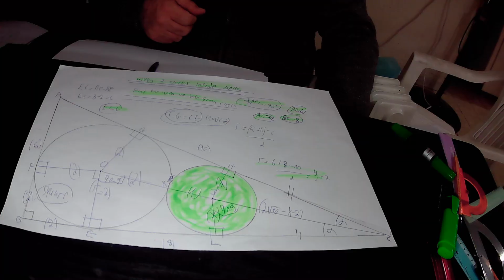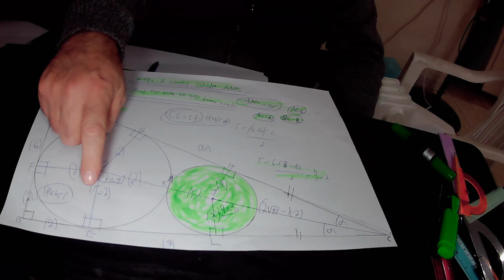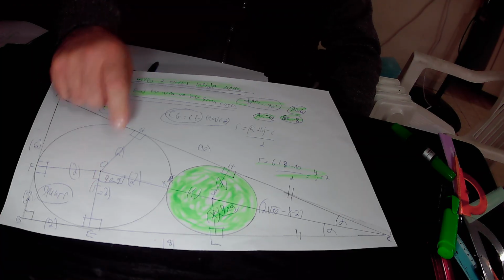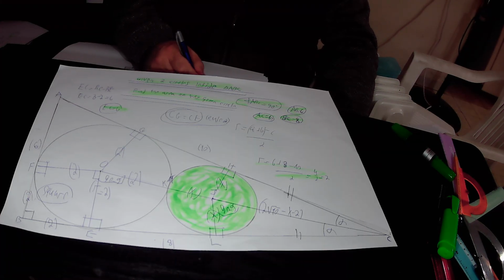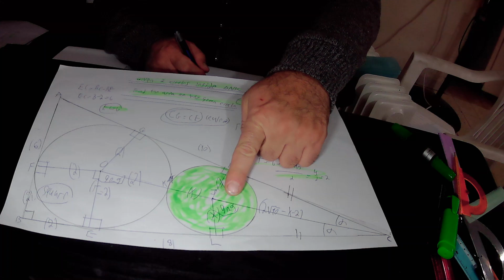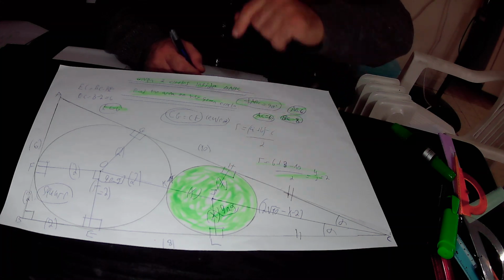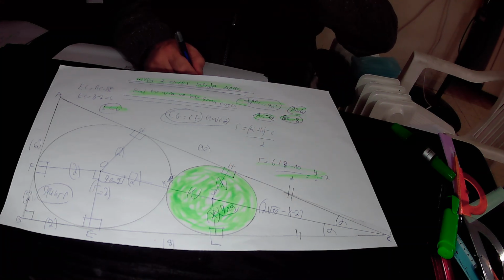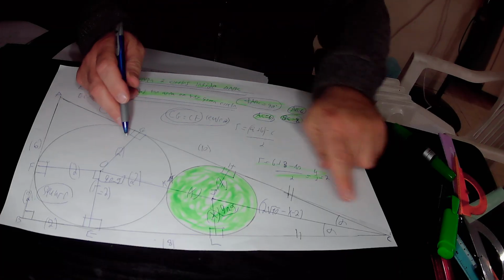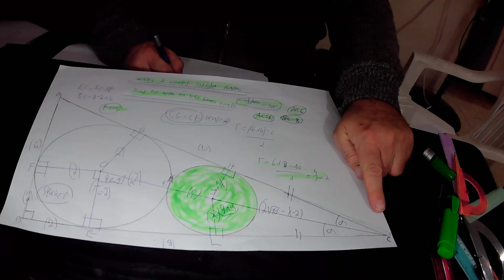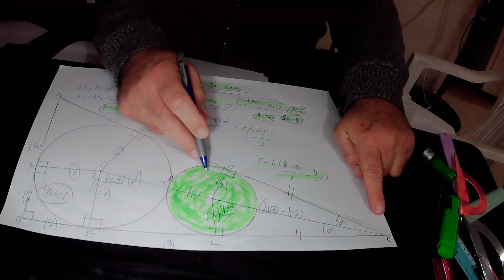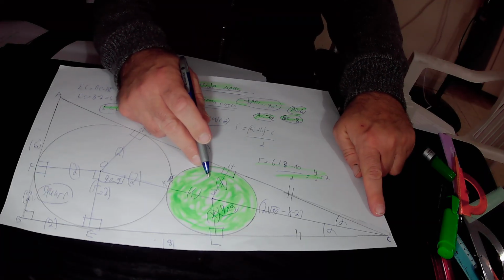We will derive that side OE of the big triangle OEC over side JL of the small triangle JLC is equal to side OC of the big triangle OEC over side JC of the small triangle JLC.